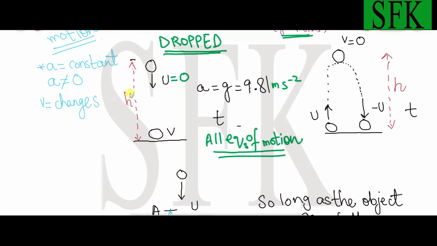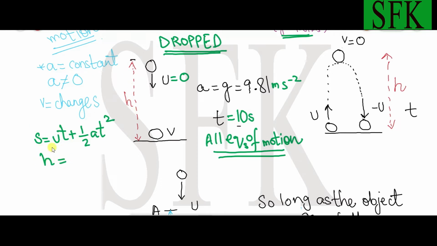For example, we need to find the height through which the ball has fallen. We know its initial velocity, we know the acceleration. If, let's say, the time is also given to be 10 seconds, we can calculate the height by using the formula s = ut + ½at². S is the displacement, which is basically this height.